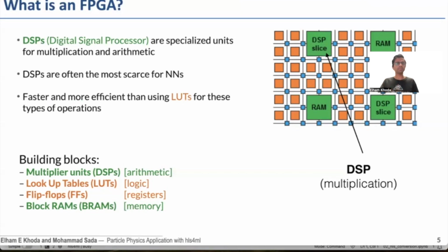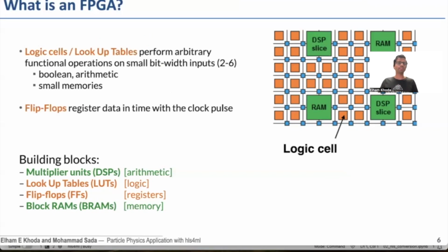So the DSPs are much faster and more efficient compared to the lookup tables, and we're going to see what lookup tables are. Lookup tables are logic cells, and these are also used to perform arbitrary functional operations or small bit width arithmetic operations like small multiplication, small addition, and they can also be used for small memories as well.